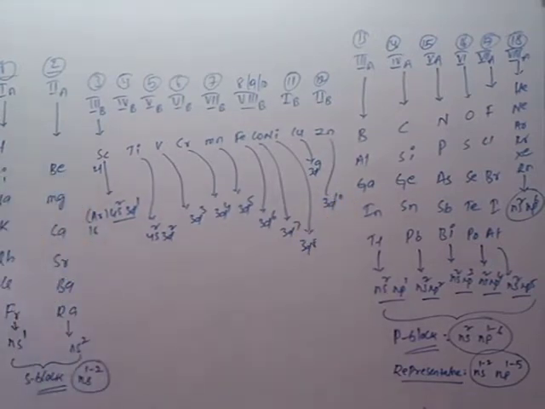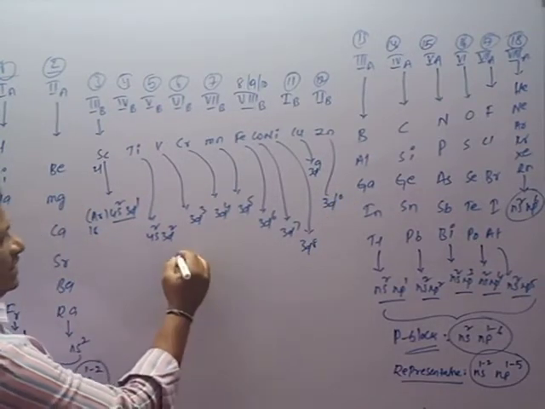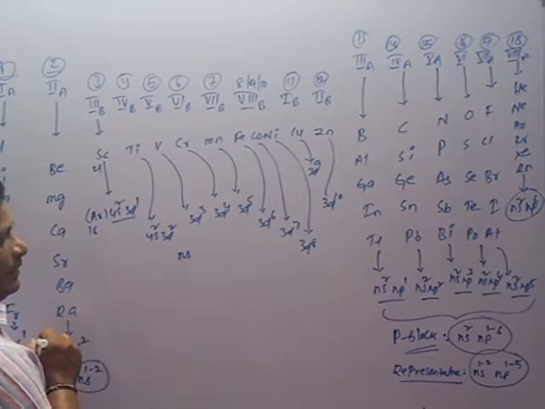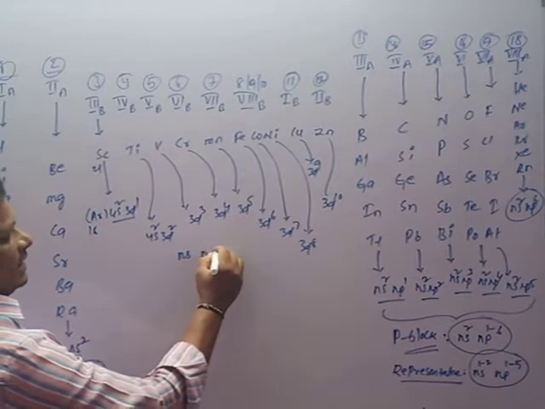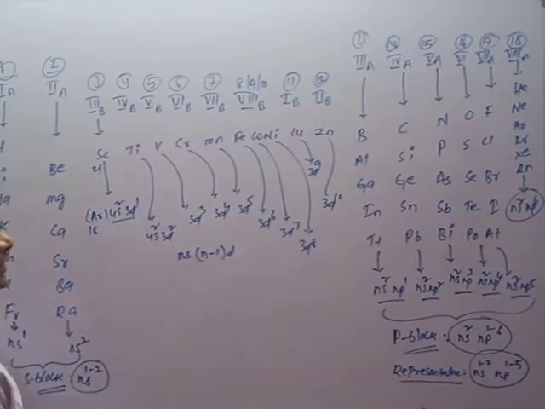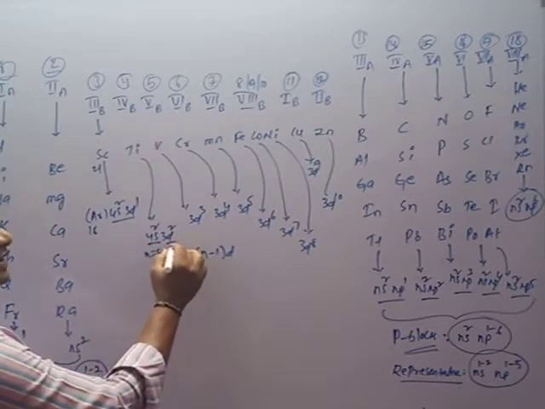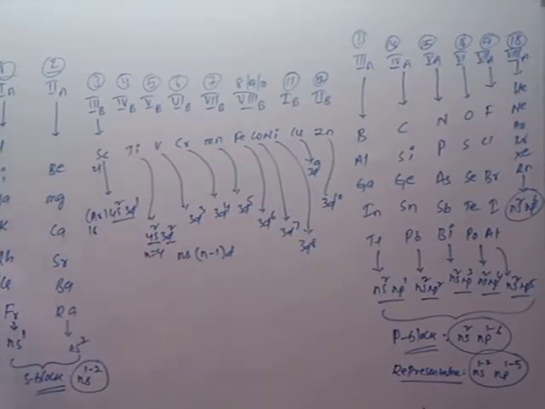So 4s means ns, and 3d means (n minus 1)d. 4s means n equals 4, and 3d means n minus 1.